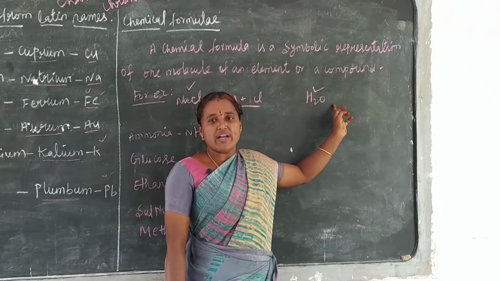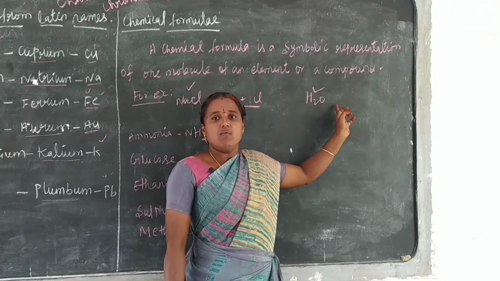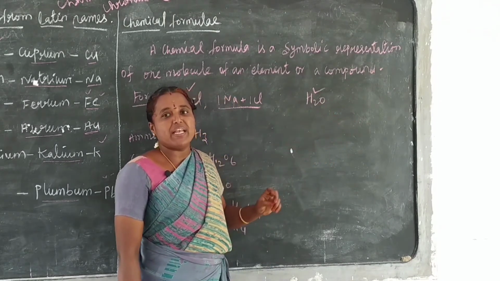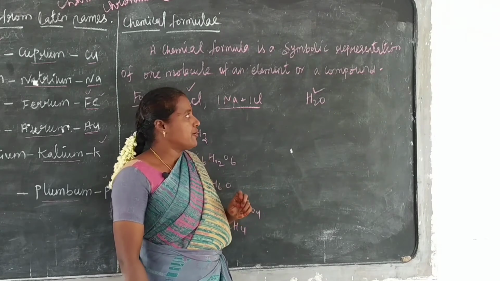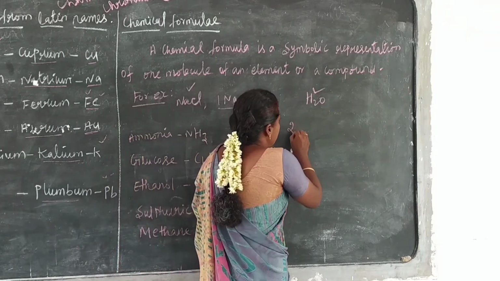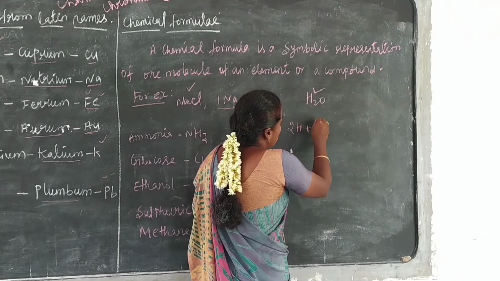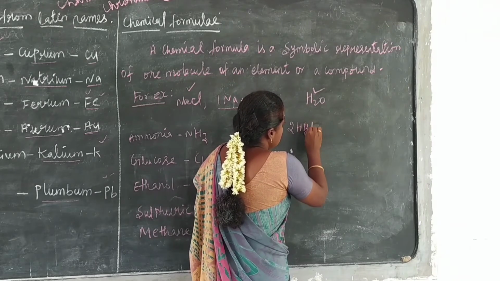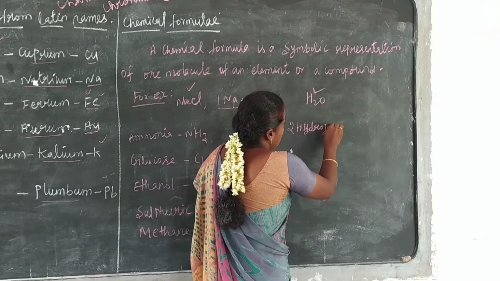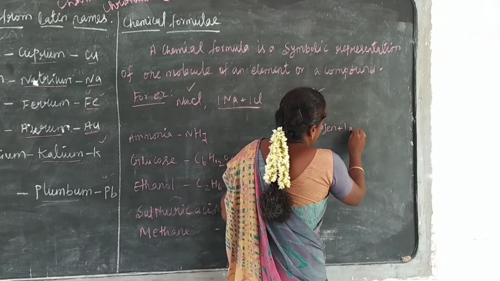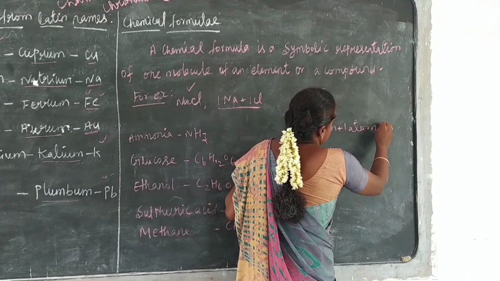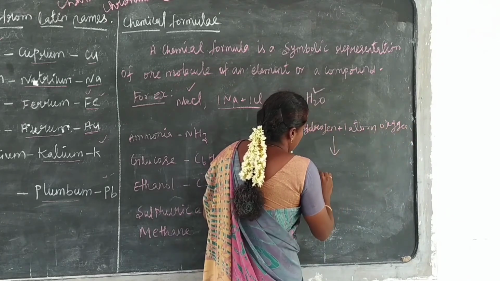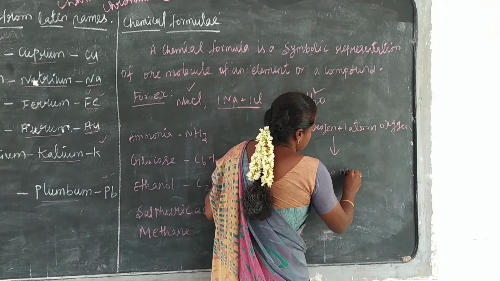Hence, there is 1 oxygen atom in a water molecule. 2 atoms of hydrogen combine with 1 atom of oxygen to form a water molecule.